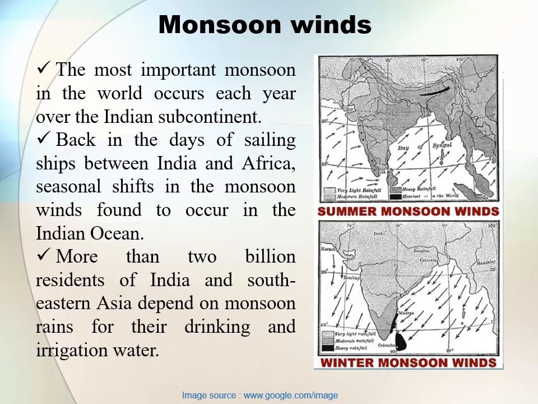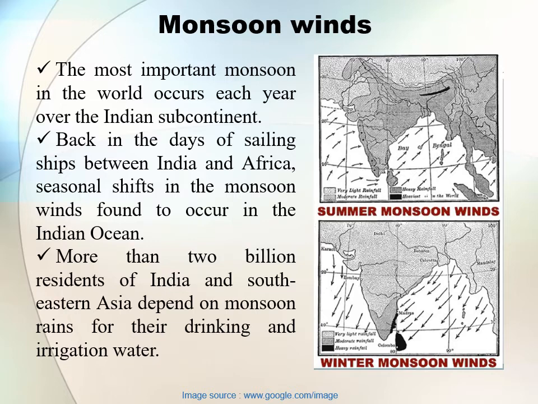During summer, the movement is towards the northeast, and during winter, the movement of wind is exactly opposite, that is towards the southwest. So, from the Arabic term, this type of seasonal variation of wind movement pattern is known as monsoon.